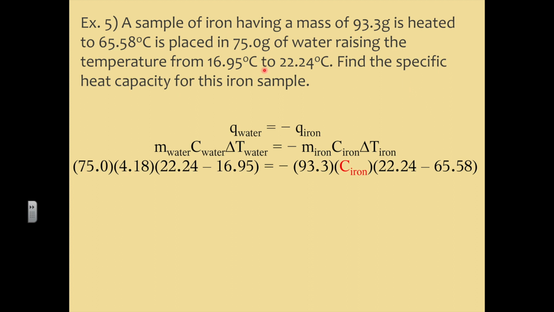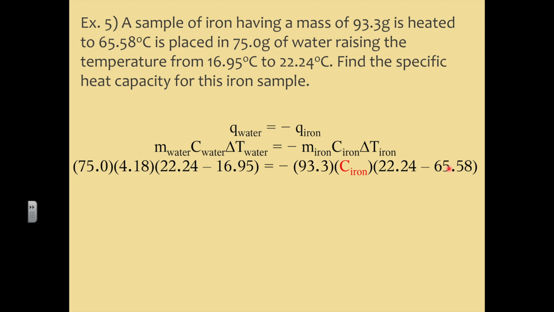It wasn't given up here. Well, you have to logically, intuitively assume that it cooled down to the same temperature as the water. So it cooled down to 22.24, the same as this water right here. So this is the final temperature of the iron, and also the final temperature of the water. They are the same. That is the key here.